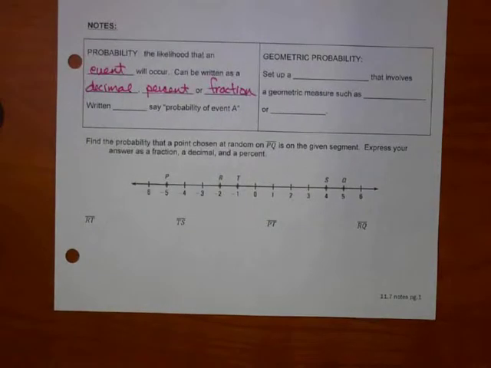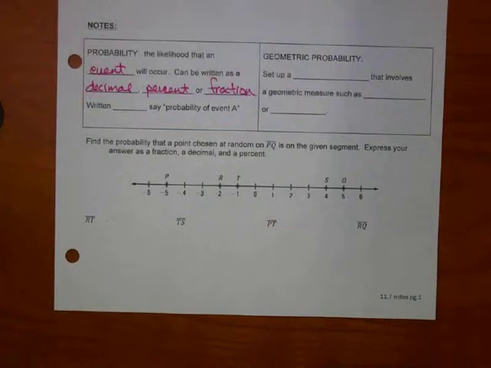So let's say you're playing cards. What's your chance of pulling a queen out of a deck of cards? 4 out of 52. Right, so we can write it as a fraction, 4 out of 52, right? Or we could write it as a decimal by doing what? 4 divided by 52. Yeah, and then we could convert that to a percent. Generally, it'll be written with a percent.